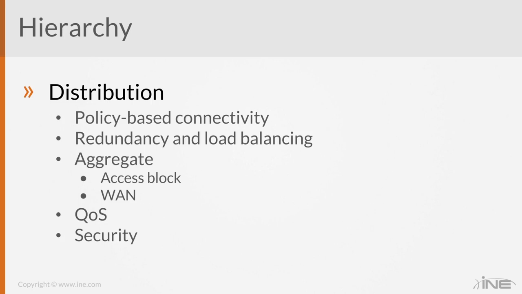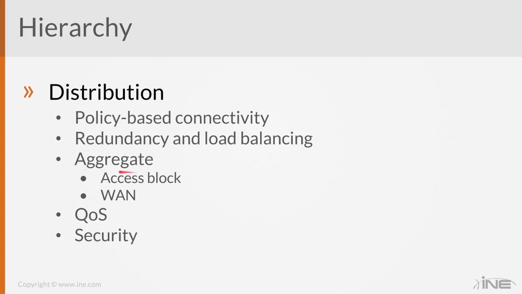The links toward the core need to be redundant. Also, the devices themselves, we'll see that later. From the access block, if you have more than one distribution, it's kind of important. We don't want to create any single point of failure between the access and the core itself.